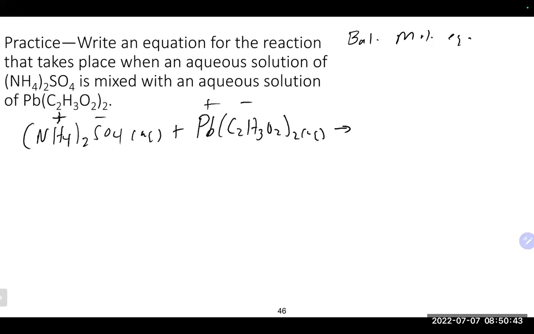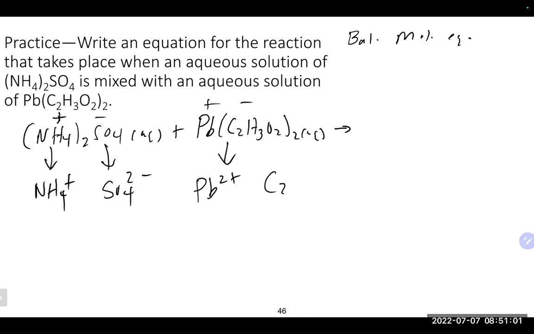So classic double displacement. We're just going to switch partners. A lot going on here, but we do just want to take the basic units of these. So that basic unit is ammonium, and this basic unit is sulfate. The basic unit of this one is lead with a +2 charge, and acetate with a -1 charge.